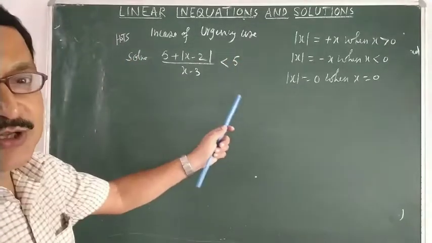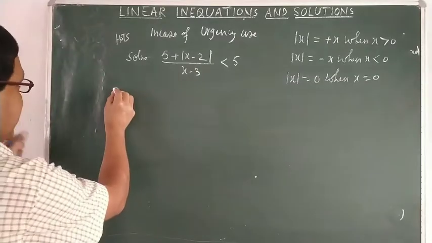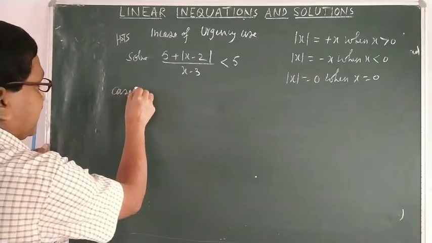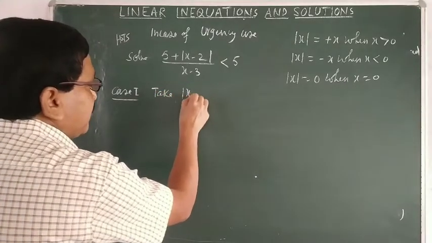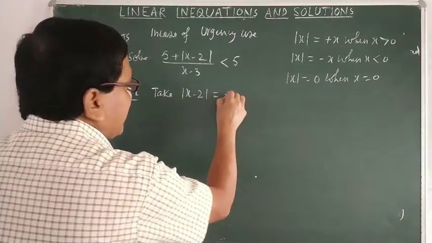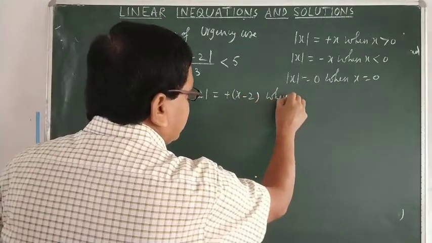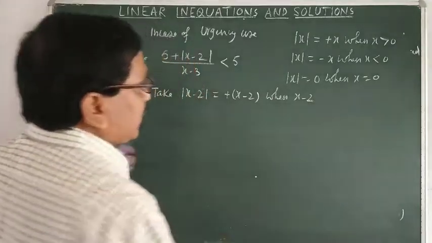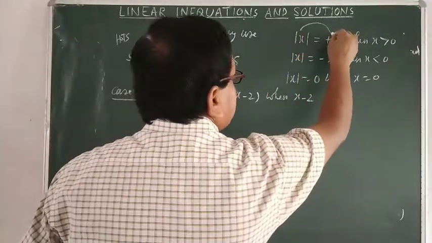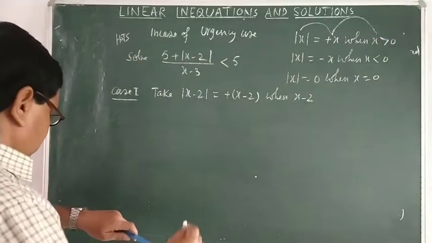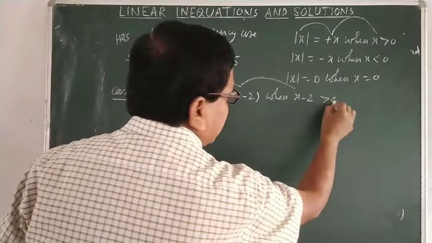Now students, this is a complicated problem. So this concept should be used. There are two cases. In case 1, take the absolute value of x minus 2 as positive x minus 2, when x minus 2 is more than 0.